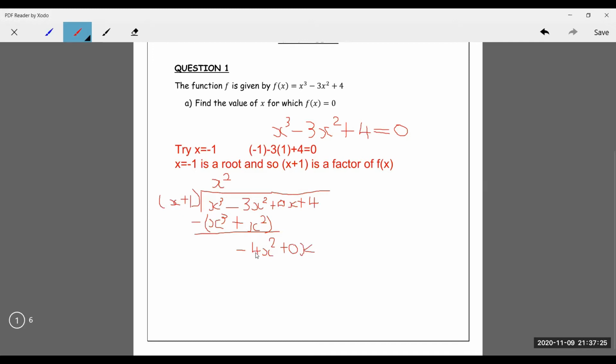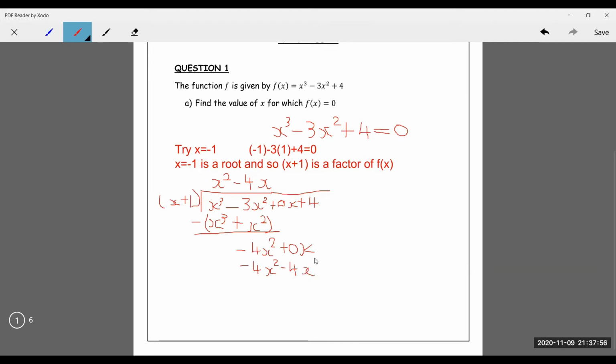So we say x into minus 4x squared. Well, that's just minus 4x. And then x times minus 4x is minus 4x squared, and then minus 4x times 1 is minus 4x.